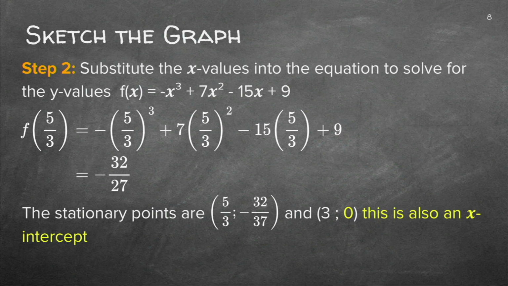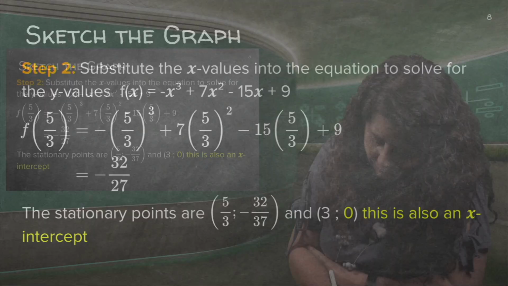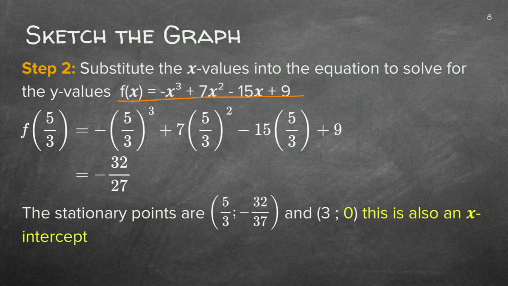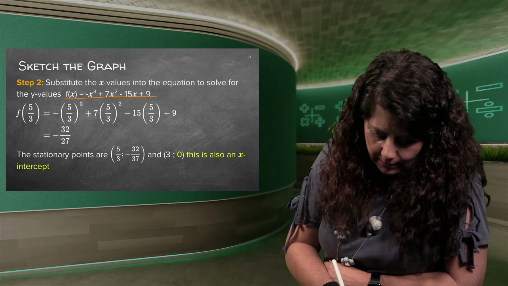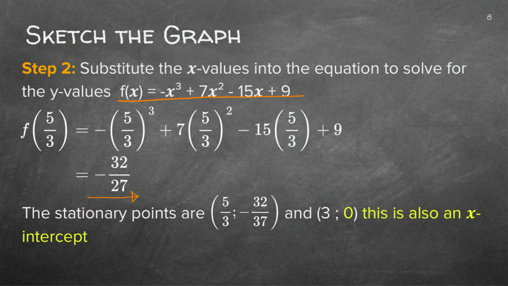Step 2. Substitute the x values into the equation of f(x) to solve for the y values. So the 5 over 3, we'll fill it in and you can work it out on your calculator. You'll get an answer minus 32 over 27.